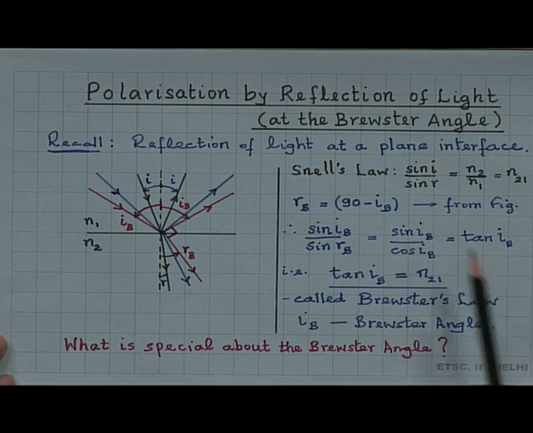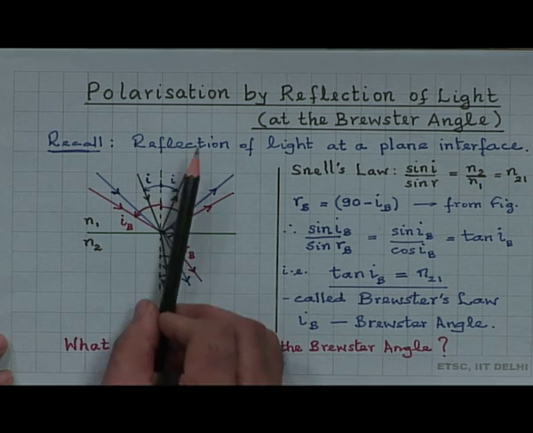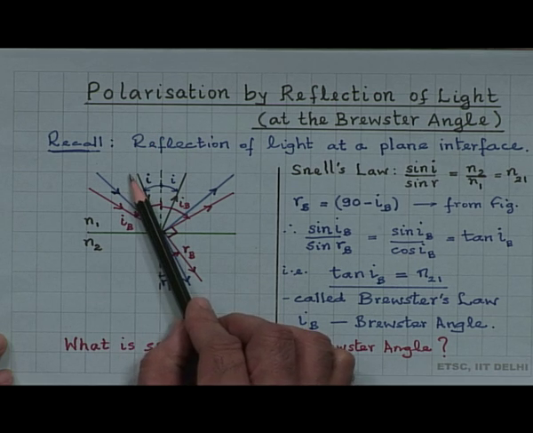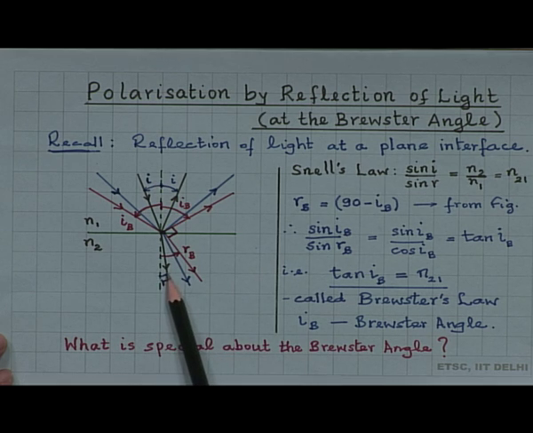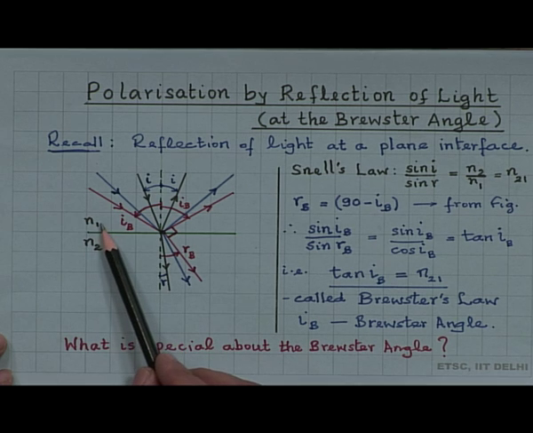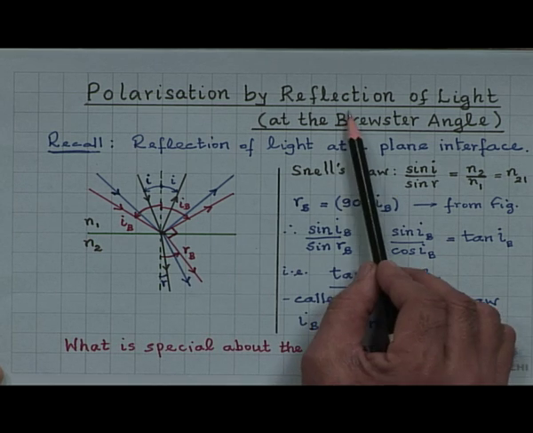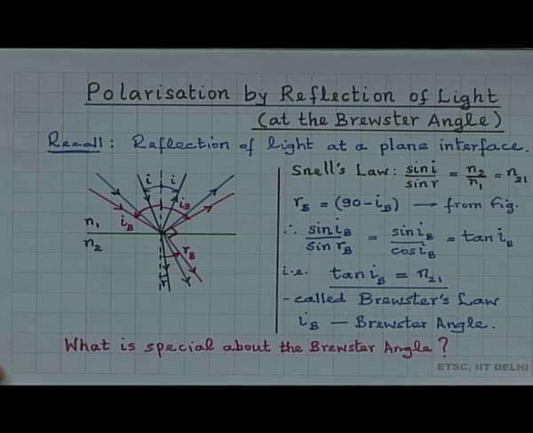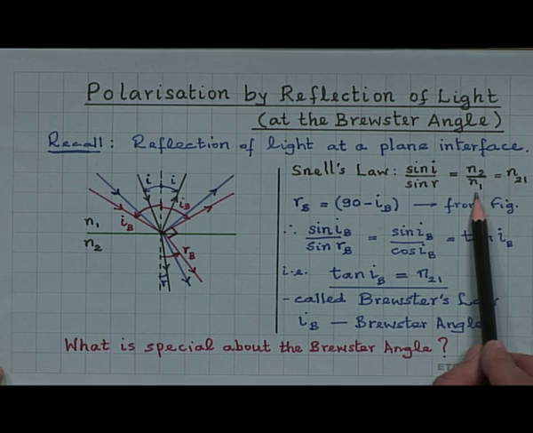As per Snell's law, we know that sin i by sin r is this, where i is the angle of incidence, that is the angle between the normal and the direction of incidence, and r is the angle of refraction. These are two different media of refractive index n1 and n2, and this is the interface. We are looking at reflection of light at an interface. Now, Snell's law says that sin i by sin r is n2 by n1, which is also written as n21.